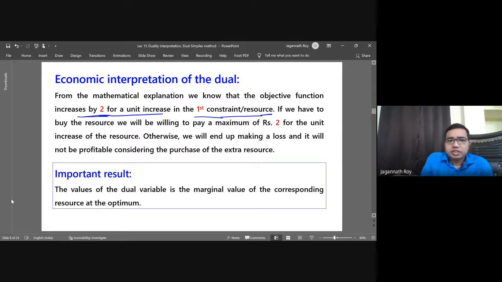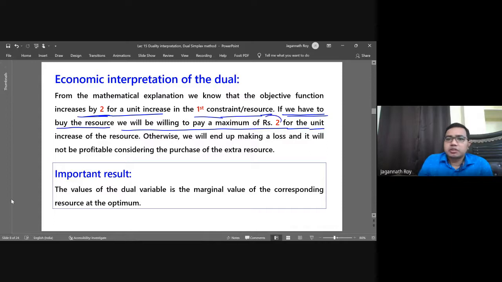The objective function increases 2 units. So if we have to buy a resource, we will be willing to pay a maximum of 2 rupees.